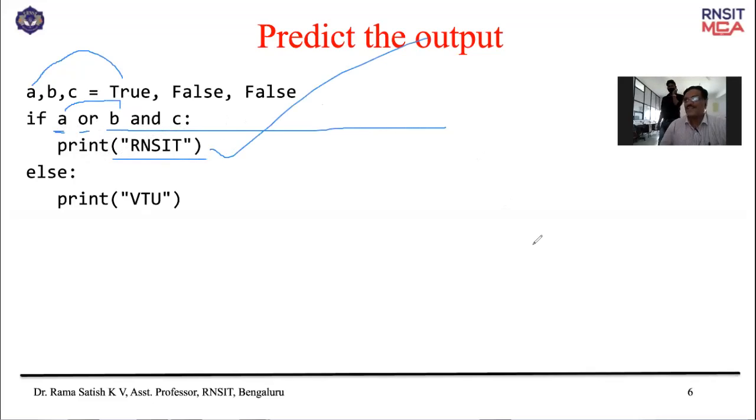So this is executed, and you will get a true value. It will print RNSIT. The second part will not execute at all because of the short circuit operator. So this is a very good example for short circuit. True OR anything is true only, so it will print RNSIT.